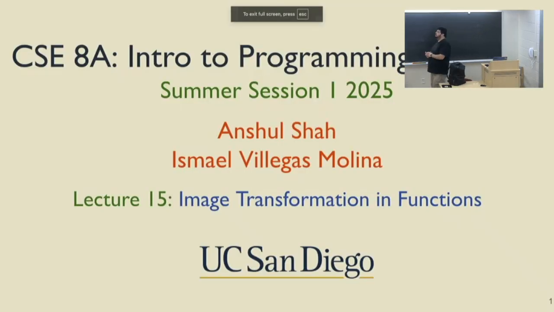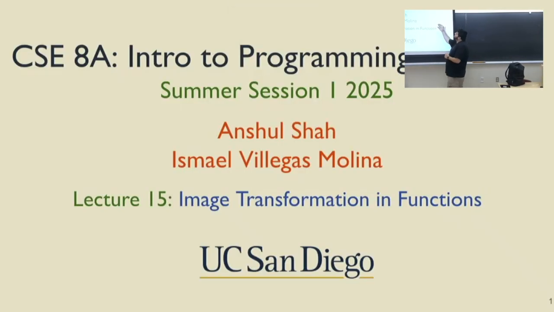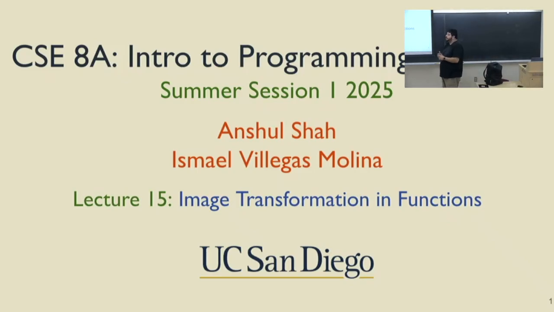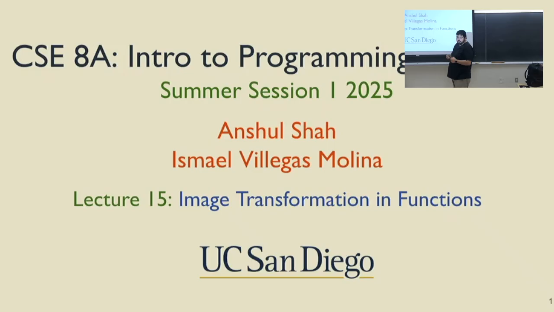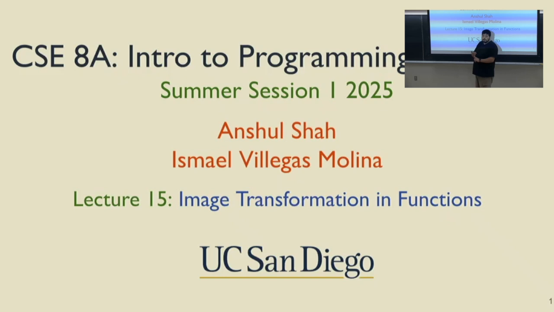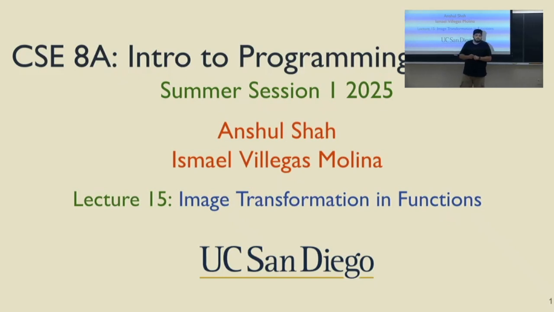Hello, everybody. Welcome back to another wonderful iteration of CSE 8A, Intro to Programming in Python. Today, we're going to be covering some image transformations in a function. Recently what we've been doing is we take in an image, then we can edit it, like doing a filter. What kind of filters did we make yesterday?